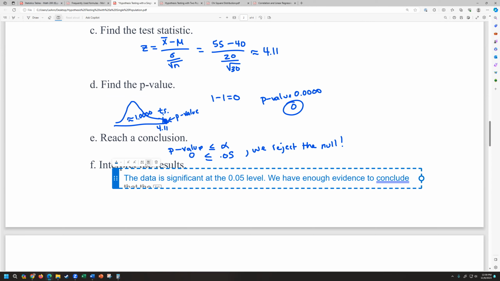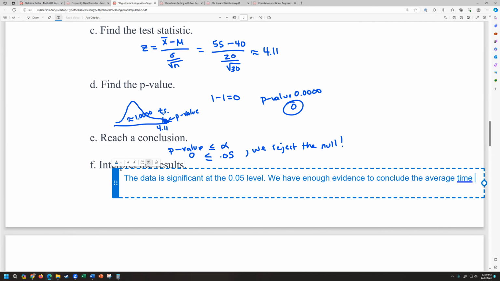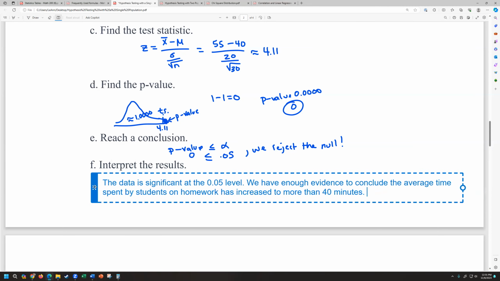So we're going to state that as how they reworded their question, which was the average time spent by students on homework has increased to more than the 40 minutes. Okay. All right. So that part is our interpretation statement.